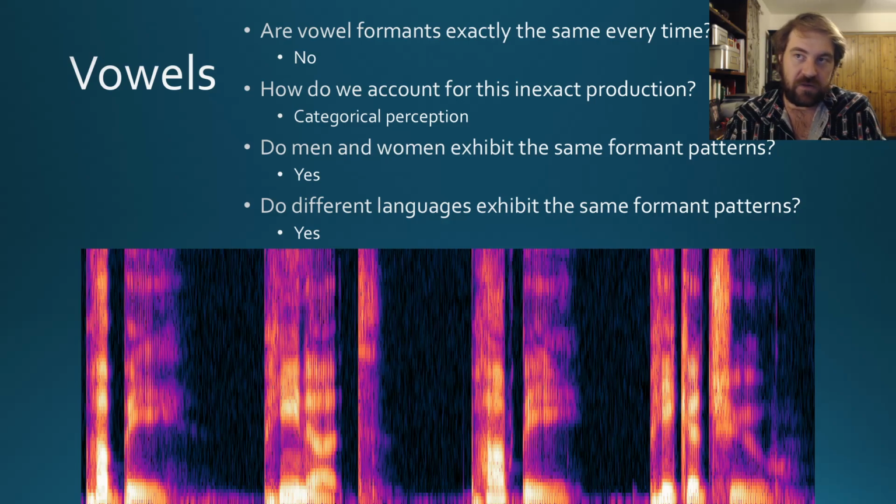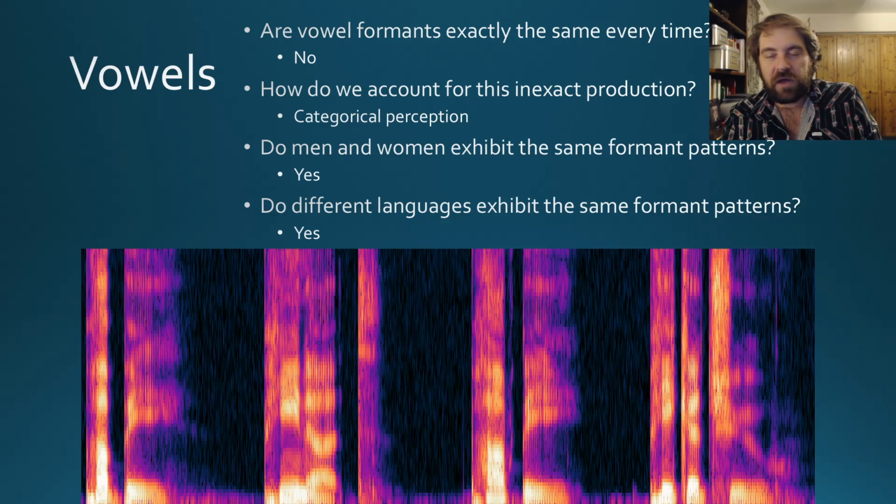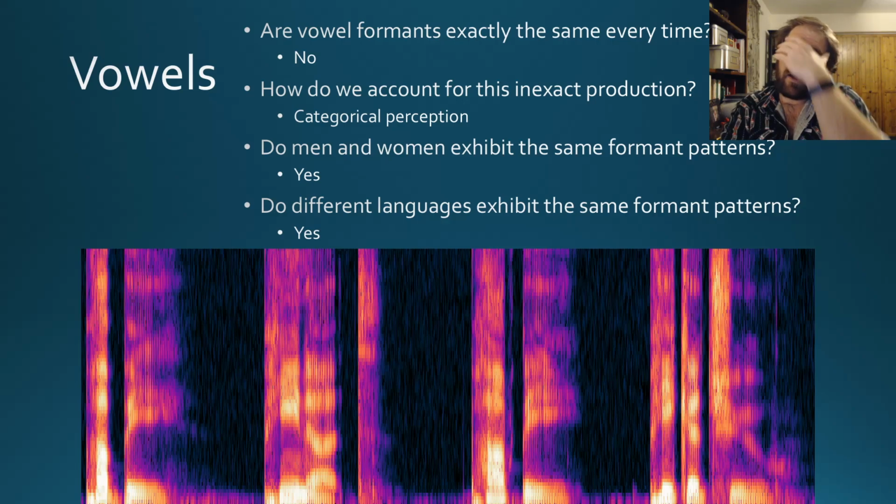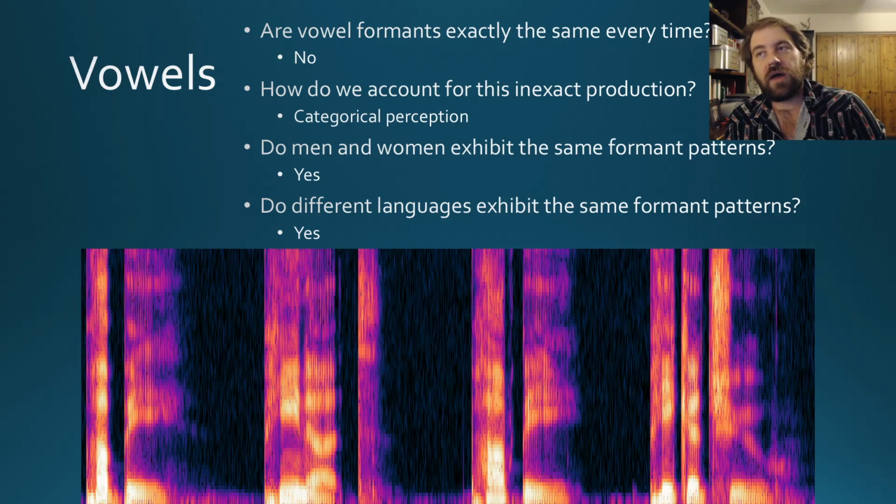If it's an E in English, if it's an E in Yoruba, if it's an E in Mandarin, it's still an E. And you can only create the E in one way, which is putting the tongue high and front, which is going to, because of perturbation theory, push F1 down and F2 up. It's just physics.